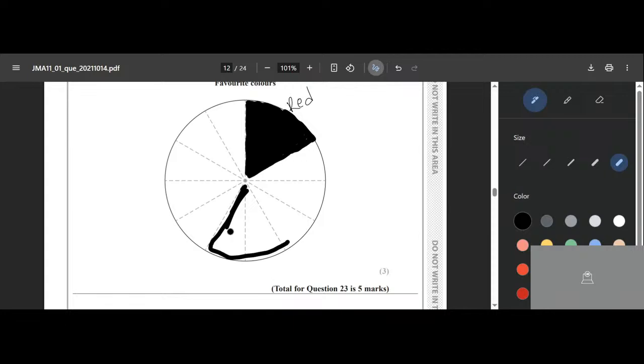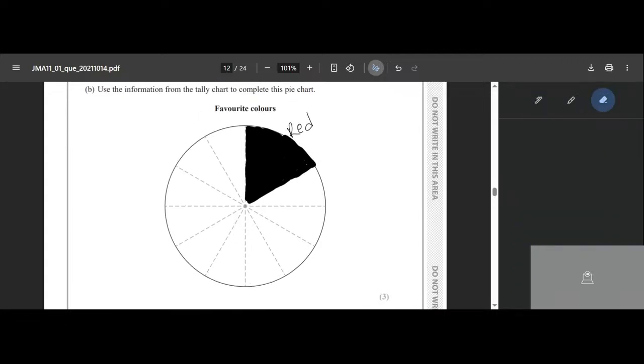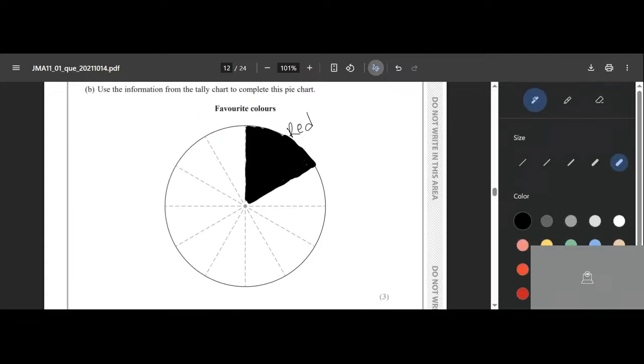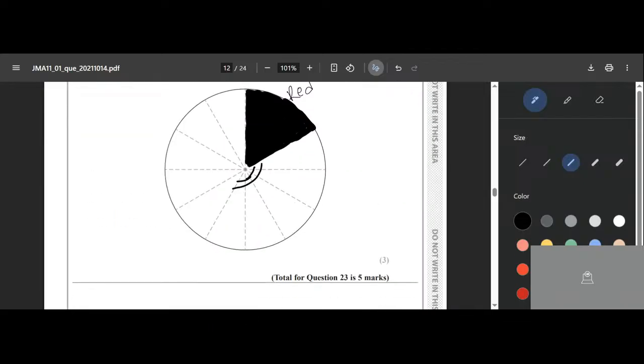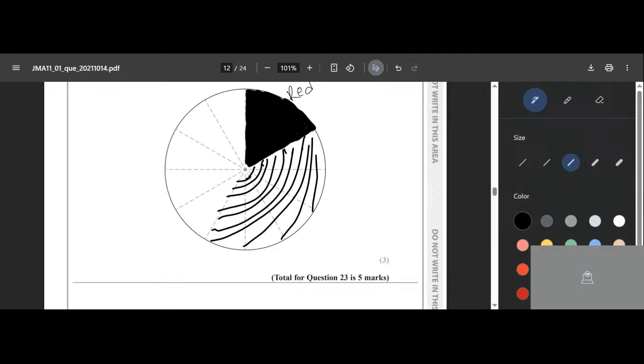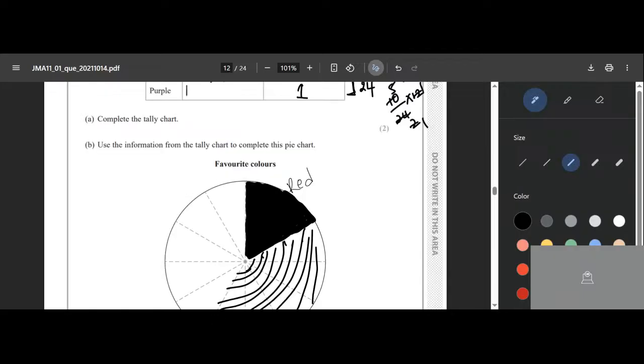Let me just use a different pattern so that my work can be presentable. I can see for the red, not red. For the yellow, I'm going to use a different pattern. That is also another way for you to clarify your work. Then I write here yellow.